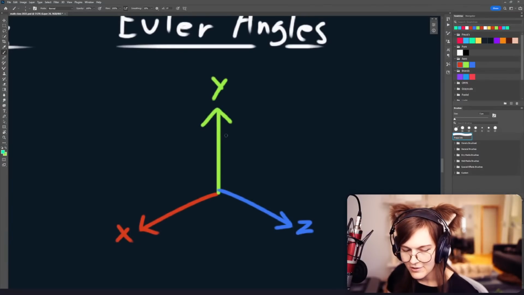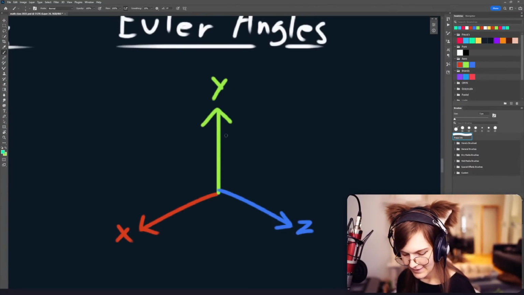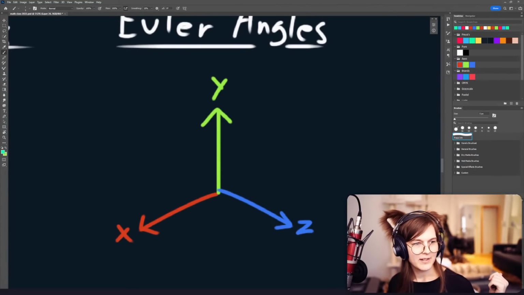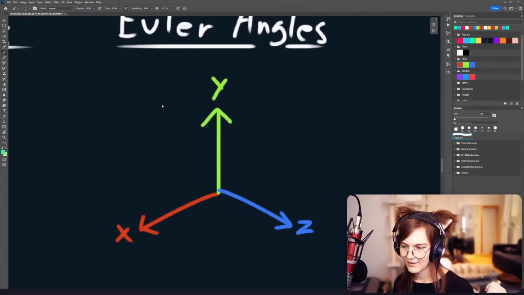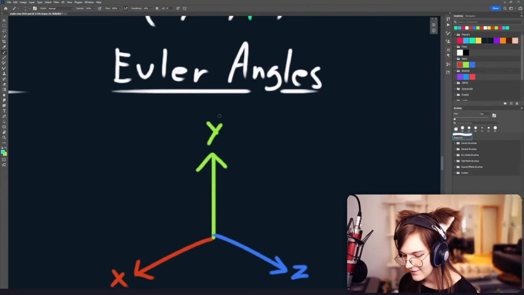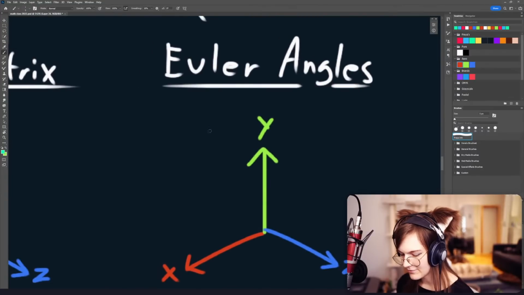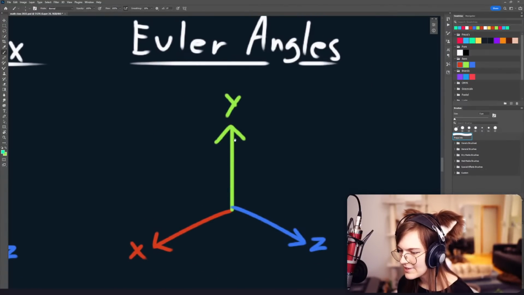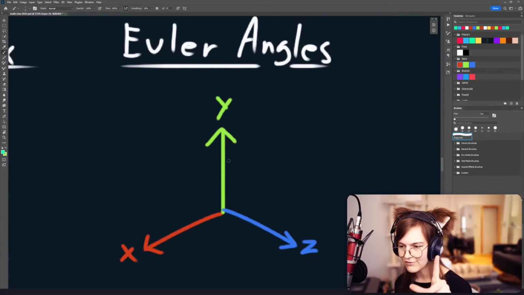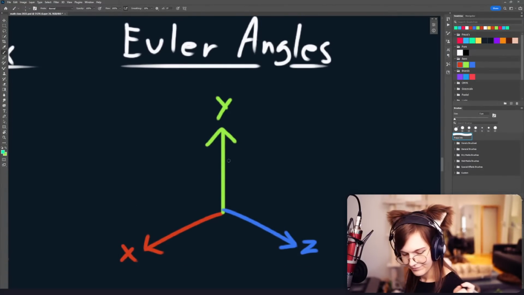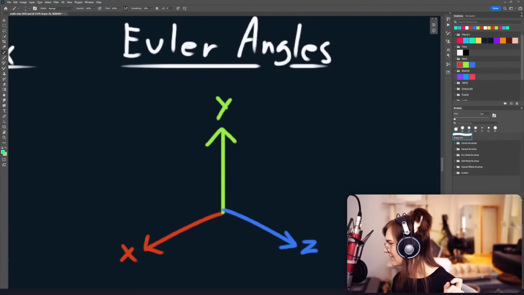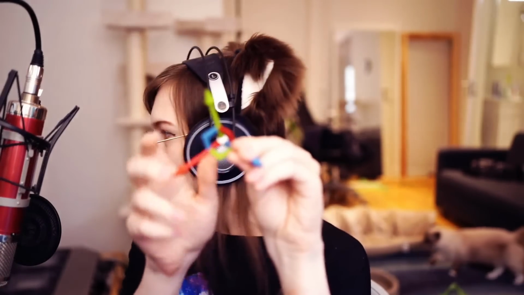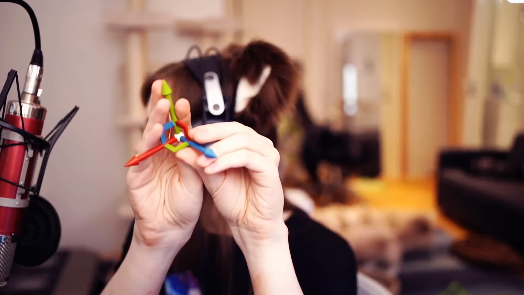Let me just bring up my notes because I always forget the order. So Unity's angles rotate in a very specific order. So if you imagine starting from your identity rotation, as in no rotation at all.